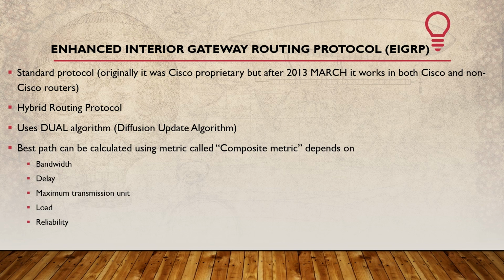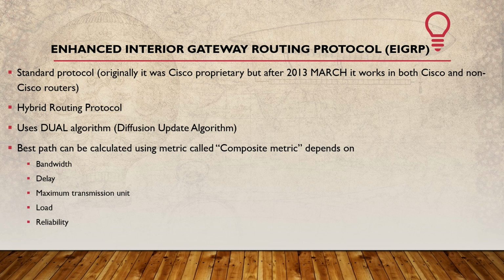In RIP, the best path selection happens based on hop count. But EIGRP looks at multiple factors to select the best path. It is a composite metric. In RIP the metric is hop count, but here the composite metric consists of bandwidth, delay, maximum transmission unit (MTU), load, and reliability.